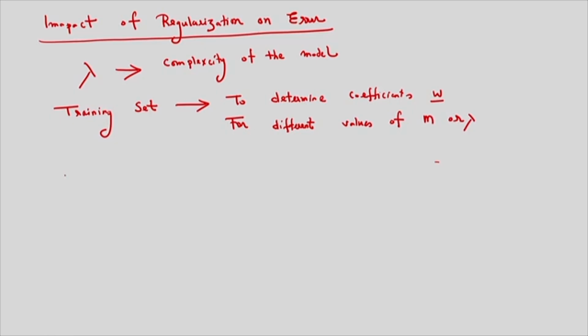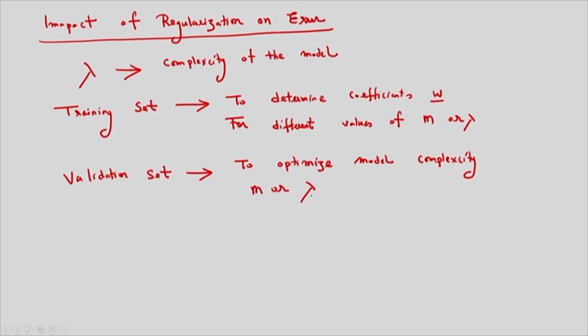And after this we have to consider the validation set. During the validation, we optimize the model complexity, m or lambda. So, like this we have to consider this approach.